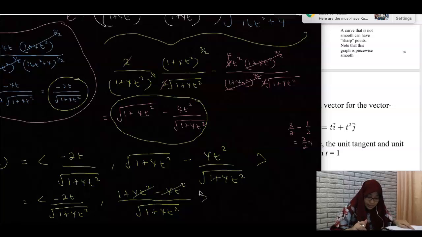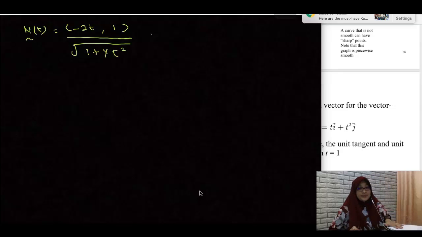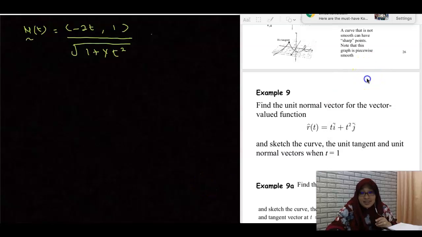We can see that now our unit normal vector N becomes minus 2t, 1, divided by the square root of 1 plus 4t squared. Okay. So that is it, but still unfinished because they ask you to evaluate.